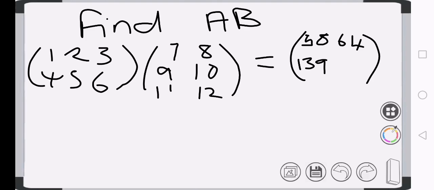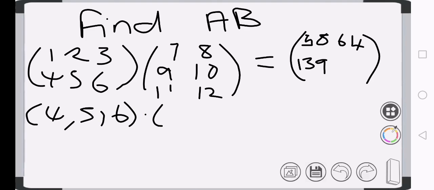Now we're done. We go to the second column. So this row by this column. Same process. 4, 5, 6 times 8, 10, 12.